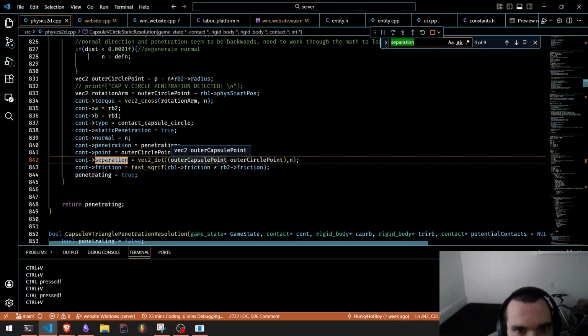Outer capsule point minus outer circle point. I feel like that should be the other way around. I feel like it should just be the negative of the penetration, right? Let's make a little note here.